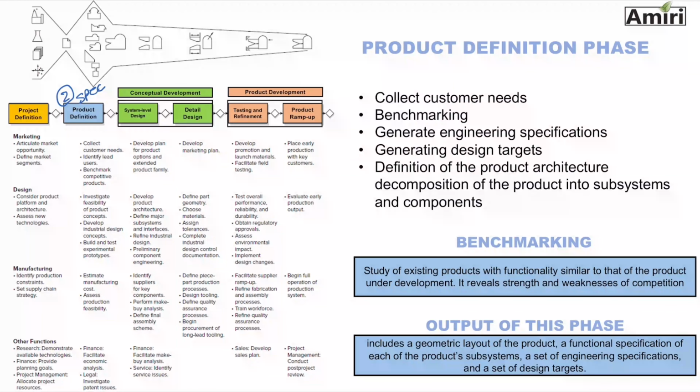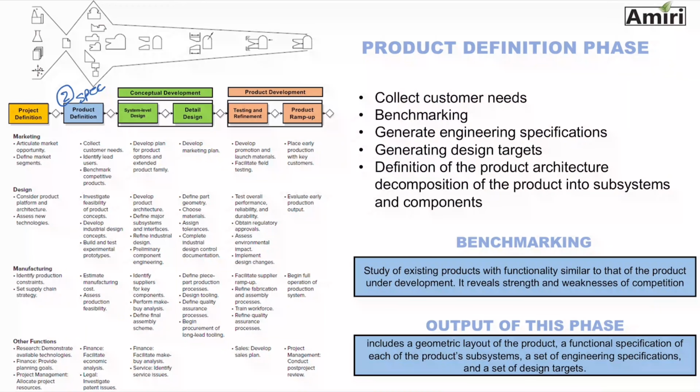Again, the steps are mentioned here in bullet points, as well as a review of what benchmarking is, which will be a big part of this phase of the project. It is a study of existing products that either have similar functionality to the product that we are doing or are kind of similar to it.